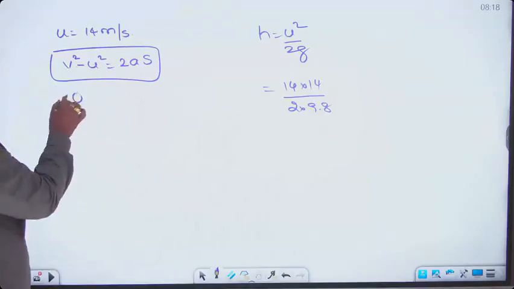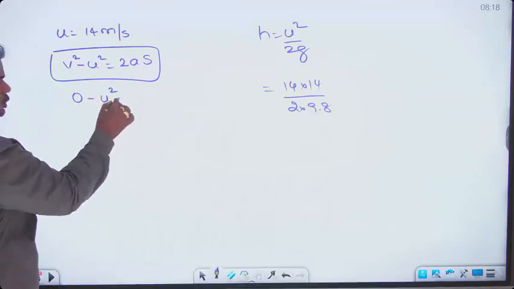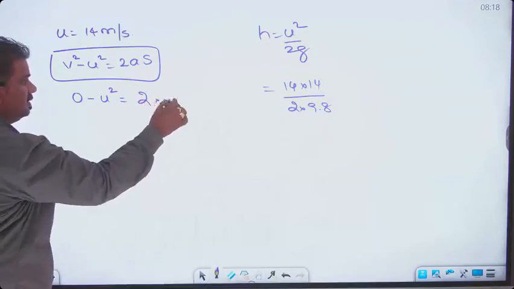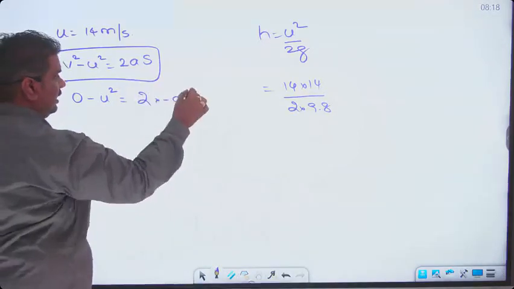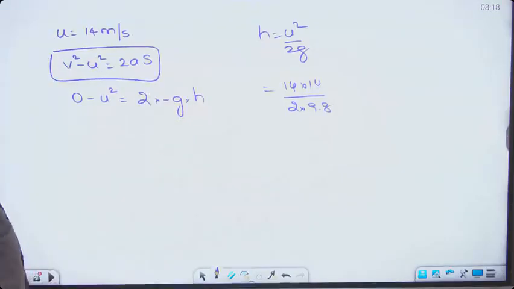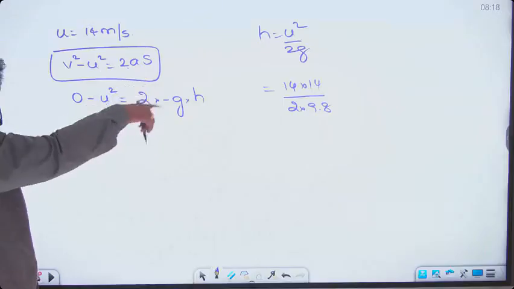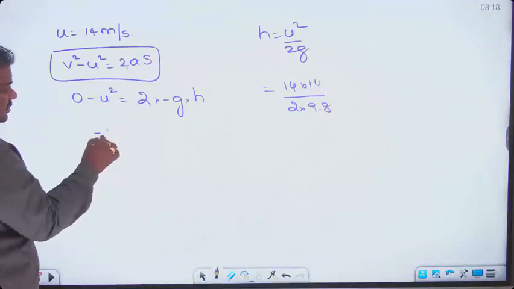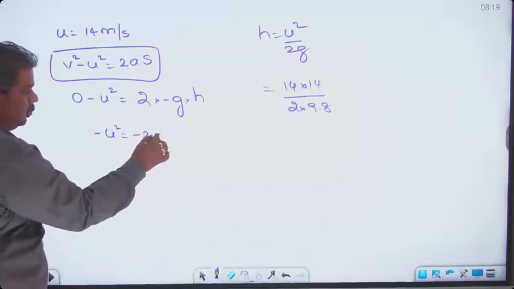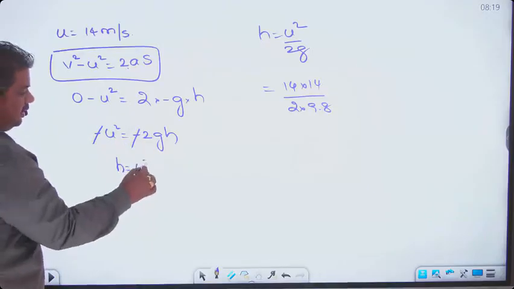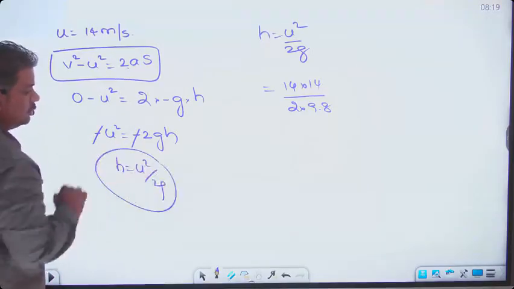V value is 0, so minus u square equal to 2 into a, where a we said is minus g, and s is h. Now if you simplify this, minus u square equal to minus 2gh, minus minus cancelled, from that h equal to u square by 2g.